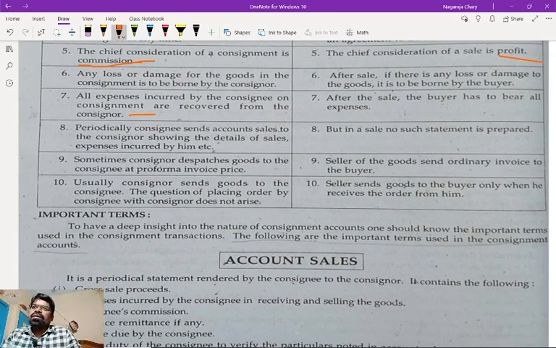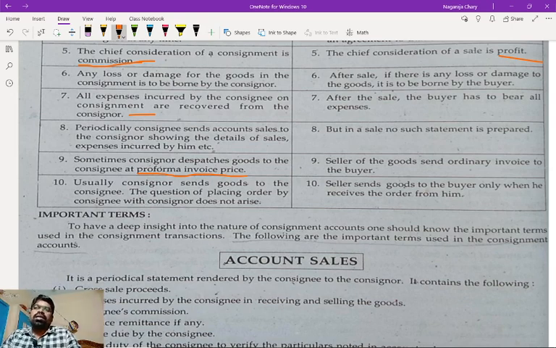Next, sometimes the consignor dispatches goods to the consignee at pro forma invoice price. This is also one more new term, pro forma invoice. This is also to be discussed later. A pro forma invoice is nothing but a statement which is sent by the consignor to the consignee. Some detailed information is given to the consignee.